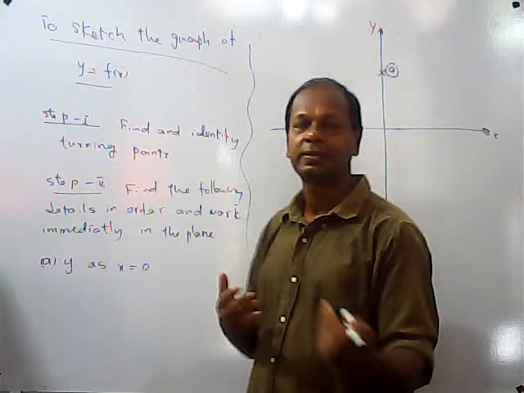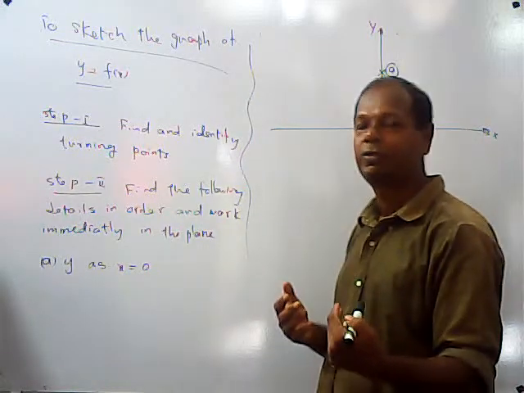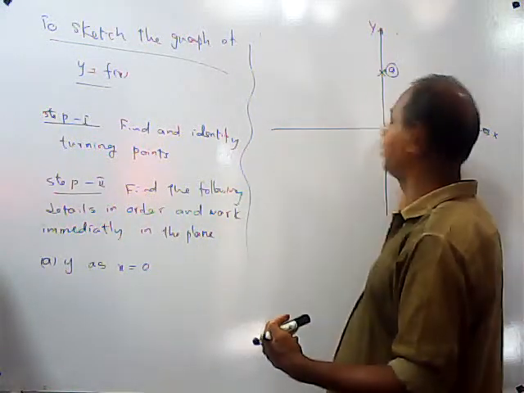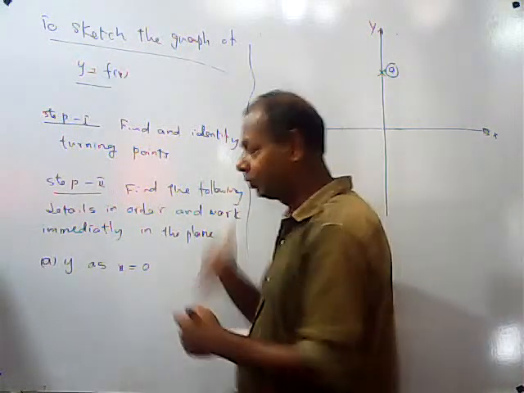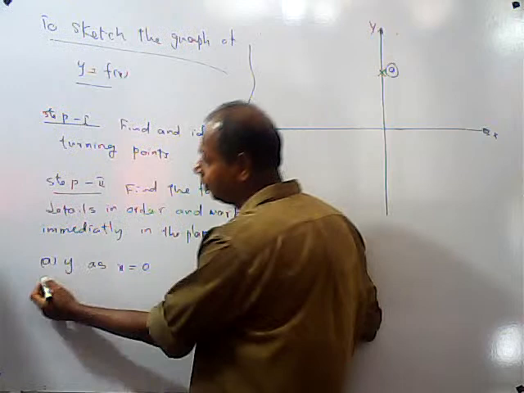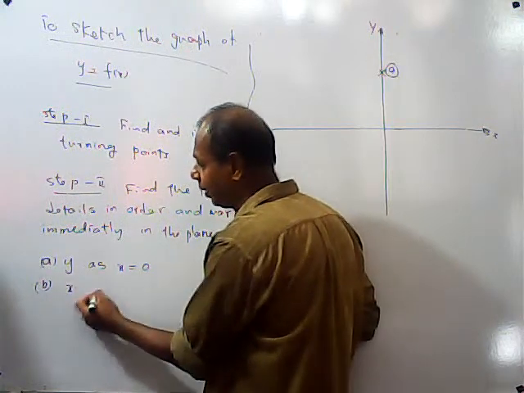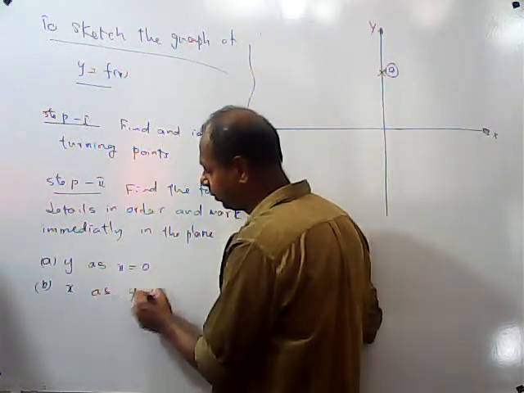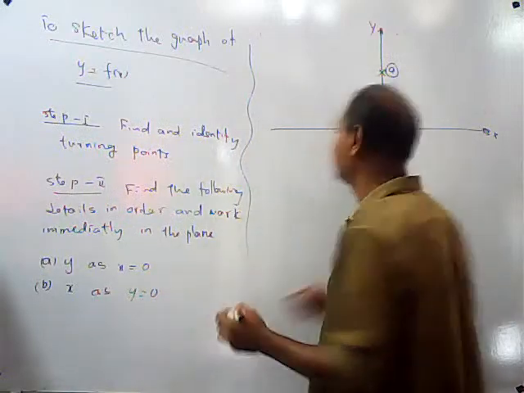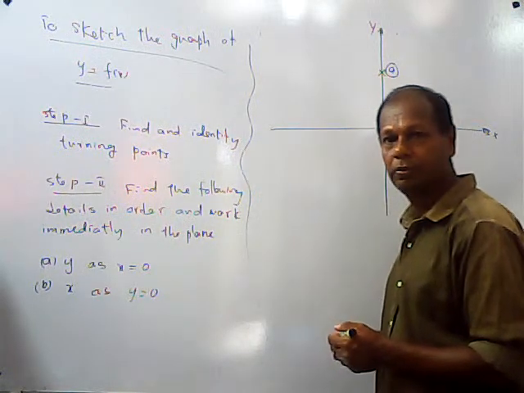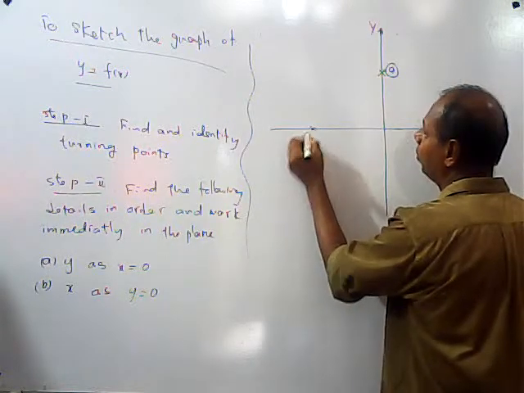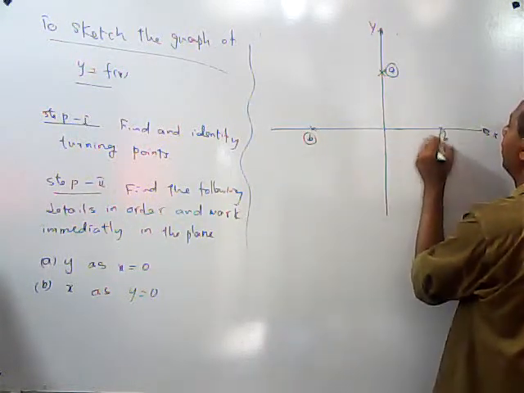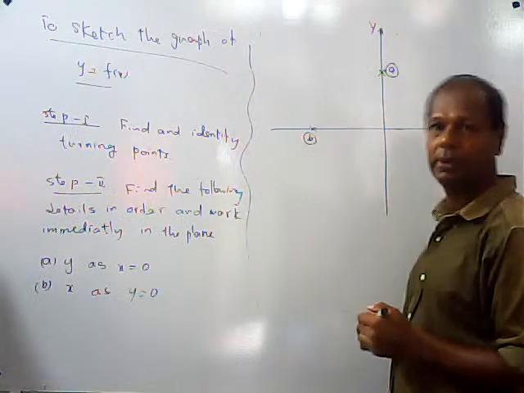Then the second one, we will find the x-intercept, where the curve meets the x-axis, for which you set y equals 0. There can be one or more x-intercepts: 1, 2, 3, maybe many.